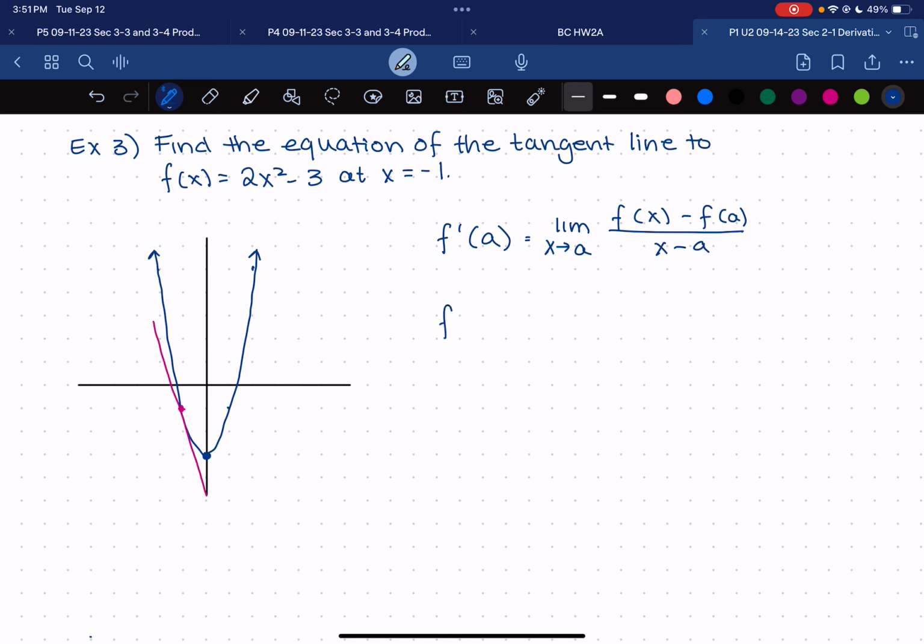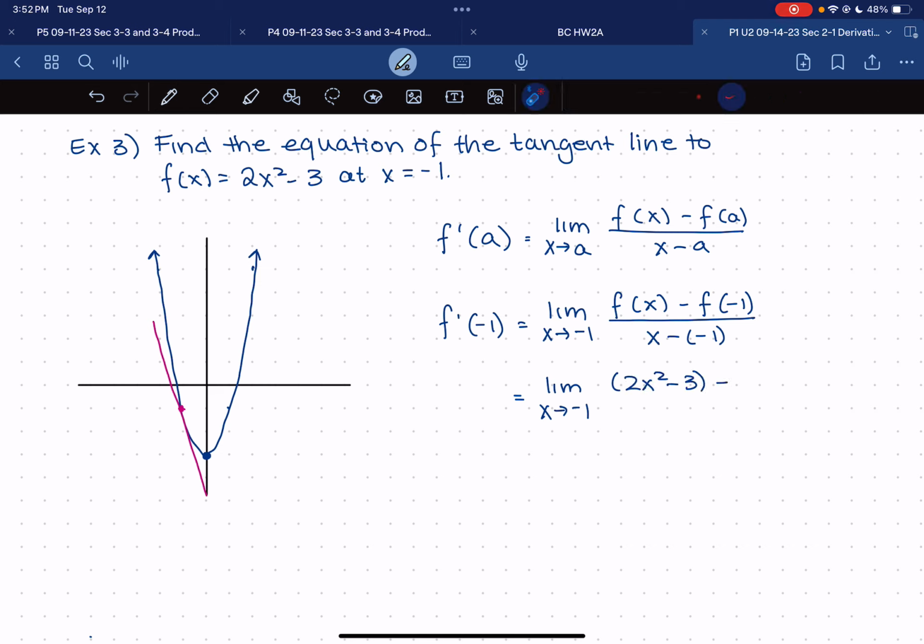And so if we plug in, we're finding the derivative evaluated at x equals -1. x is approaching -1, and it's f of x minus f of -1 over x minus -1. f of x is 2x squared minus 3.